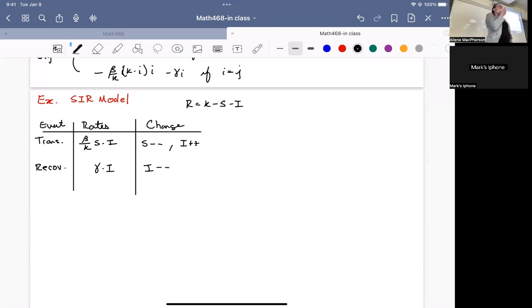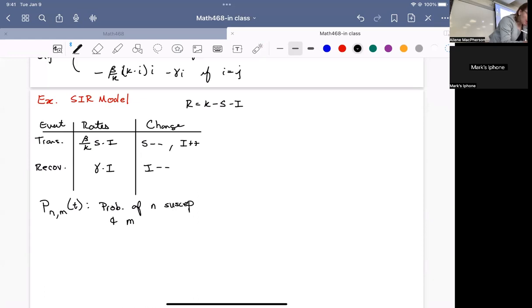So I can no longer describe this with a simple master equation. I have to introduce two variables into my master equation. So I want to follow the probability that I have n susceptibles and m infected at time t.